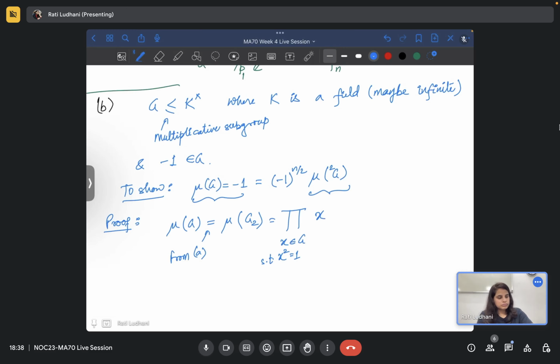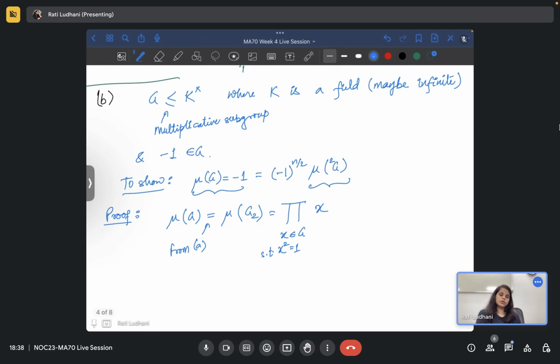Now, can you tell me how can I say that this is equal to -1? What can I write here? So this is a product of all the elements of G such that x square is equal to 1. So first thing, what do we know about G?